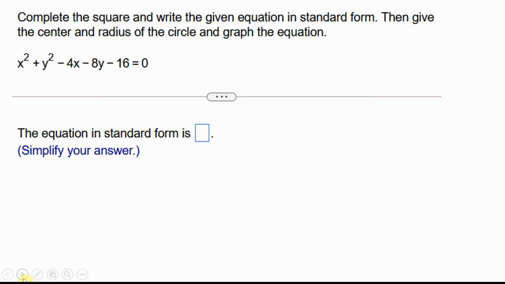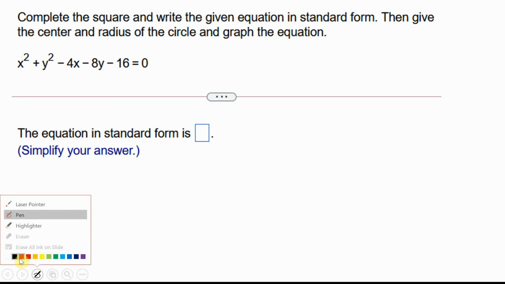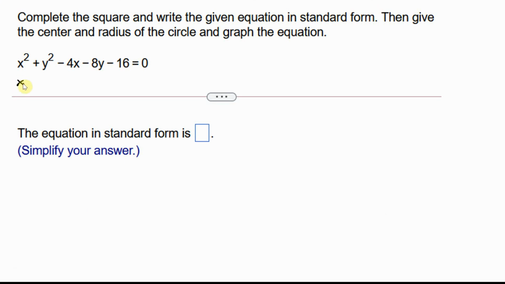Let's see. Now we have to do that not just for the x squared, but also for the y squared, because I have a y squared there too, right? Let's regroup. So this is x squared minus 4x, putting the x's together. Basically, I'm putting the football guys together and then the basketball guys together, right?